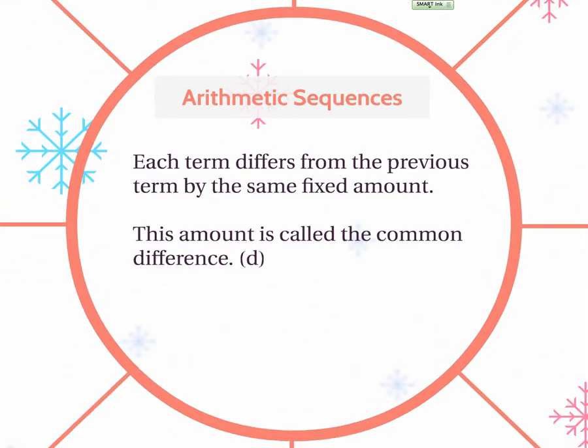All right. So when we're working with arithmetic sequences, each term differs from the previous term by the same amount. This amount is called the common difference. So what does difference make you think of that word? Subtraction.